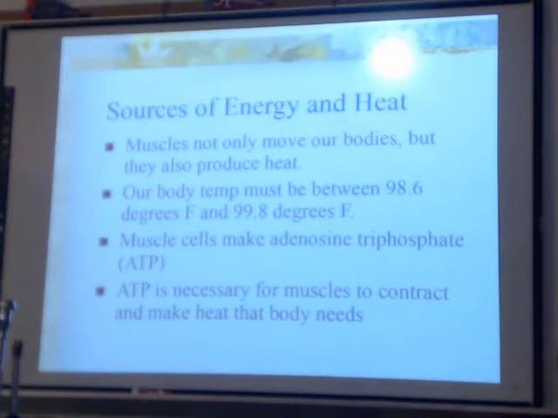The body must have ATP to function. So remember that ATP is necessary for muscles to contract, and it makes heat for the body. Muscles make ATP, adenosine triphosphate, and it is necessary for muscle contraction.